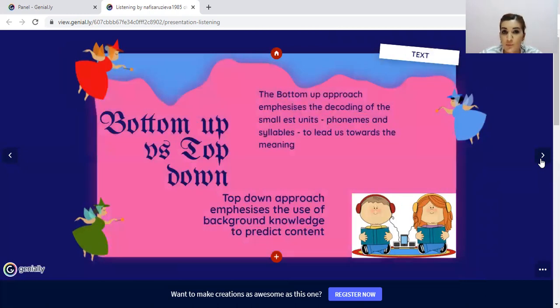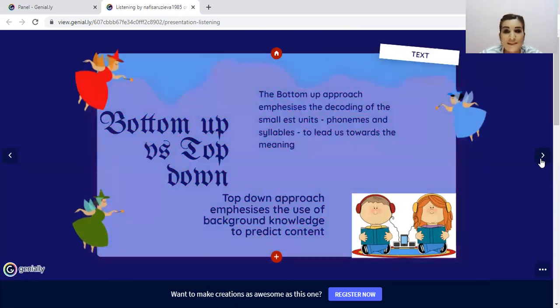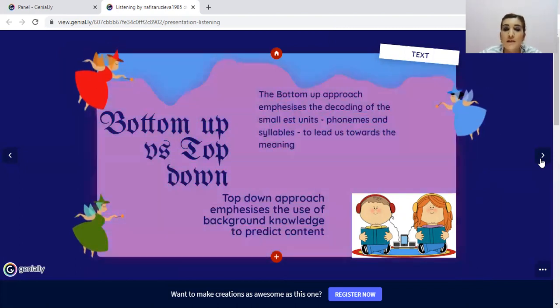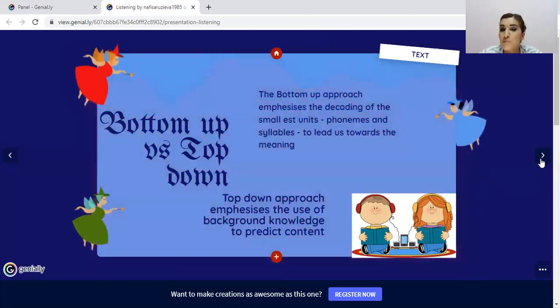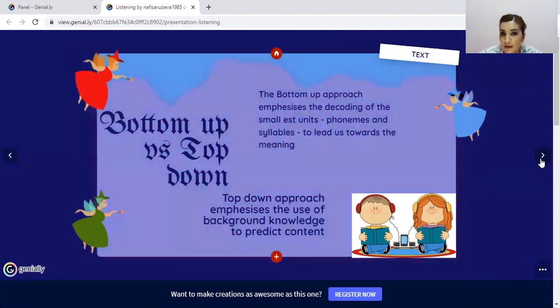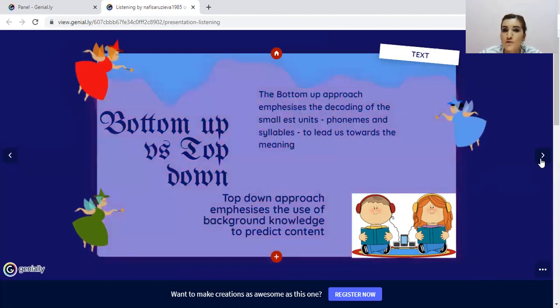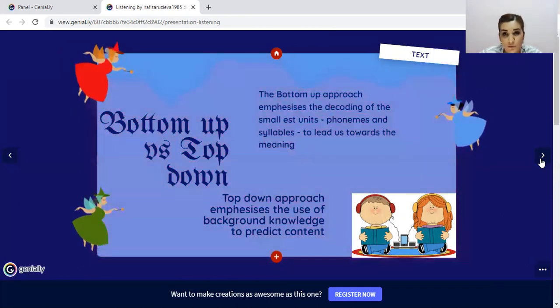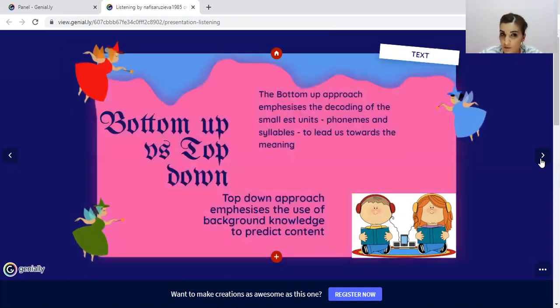Bottom-up and top-down approach. What does it mean? The bottom-up approach emphasizes the decoding of small units, phonemes, and syllables to lead us toward the meaning. For example, the first thing is to teach our students to understand the pronounced words clearly.